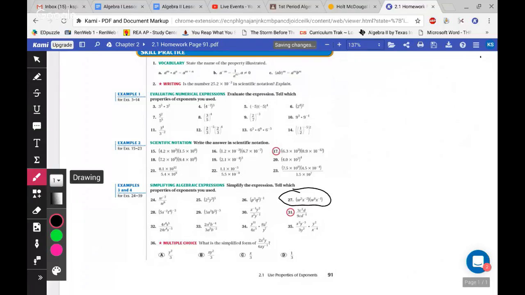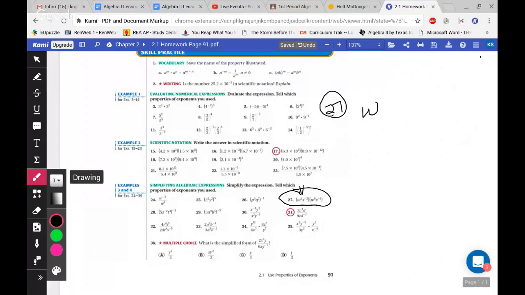On this one, we don't have any exponents outside of the parentheses. So all we're going to do is some combining of exponents. So you've got the 3 and the 6 here on the W's.